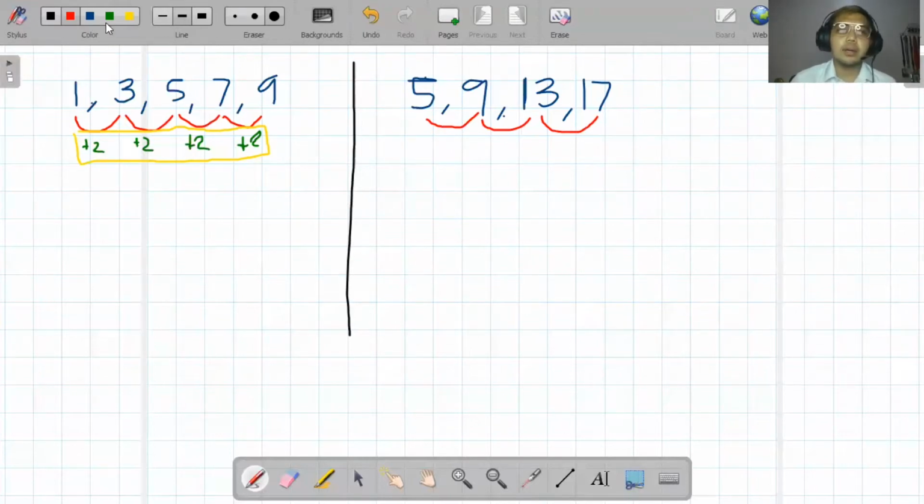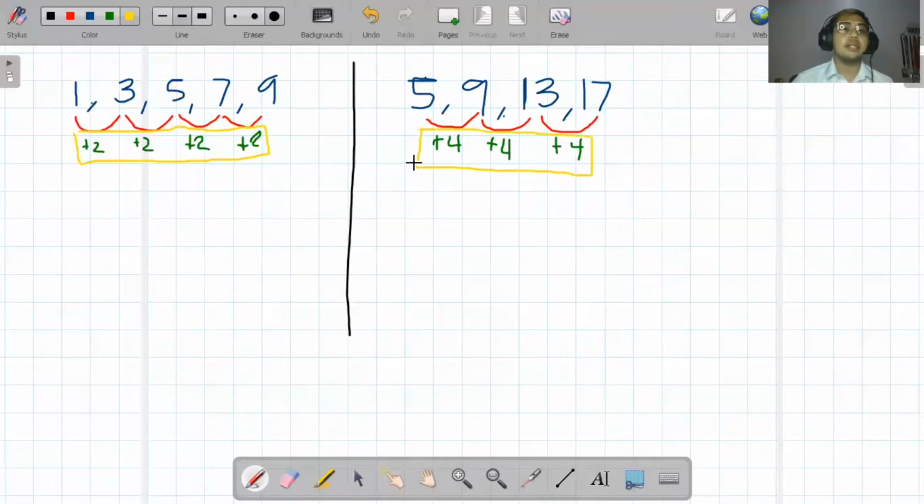So, if we compute, 5, 6, 7, 8, 9. That's 4. Then 9, 10, 11, 12, 13. 4 again. Then 13, 14, 15, 16, 17. 4 again. So, their pattern is plus 4.